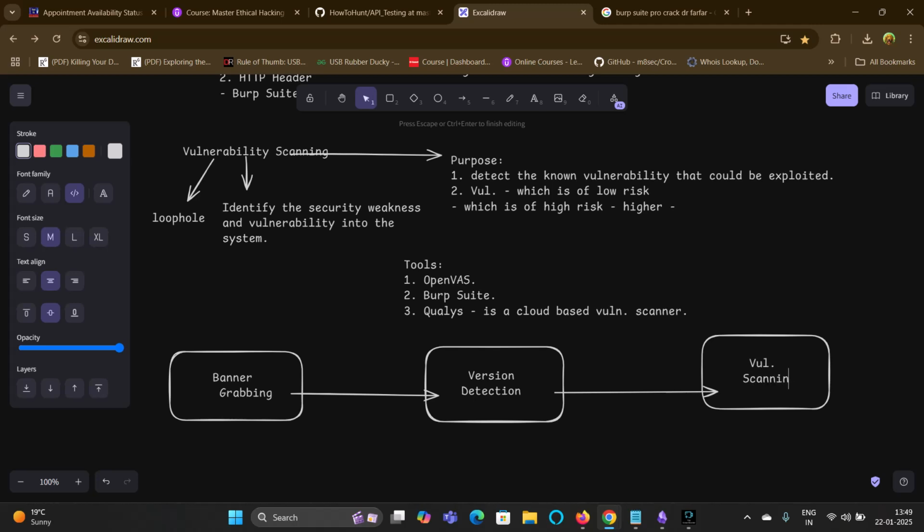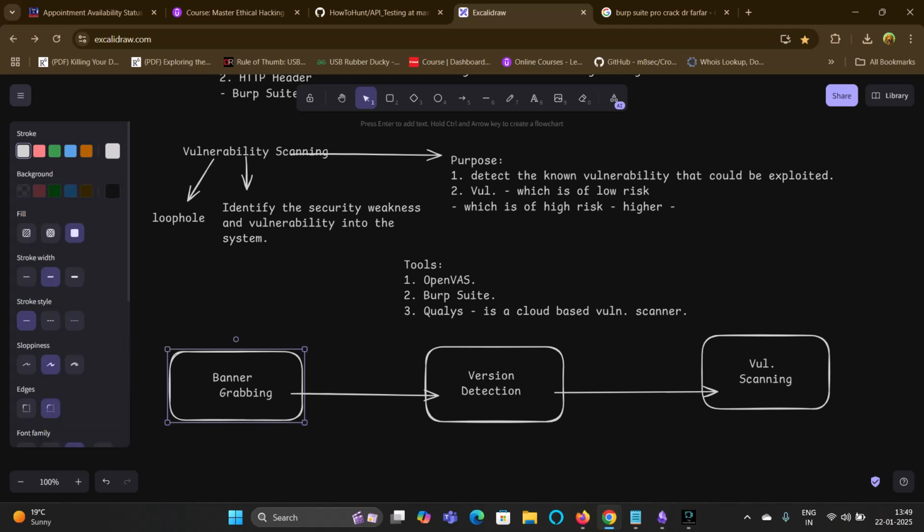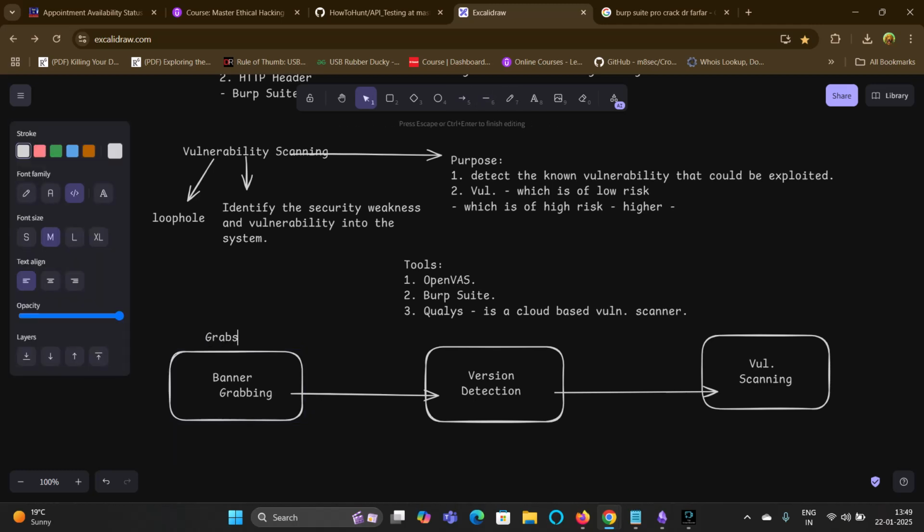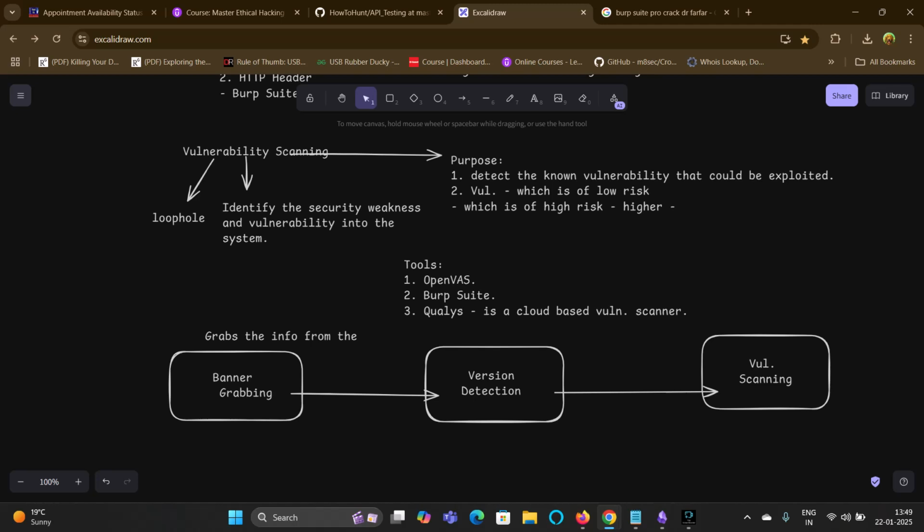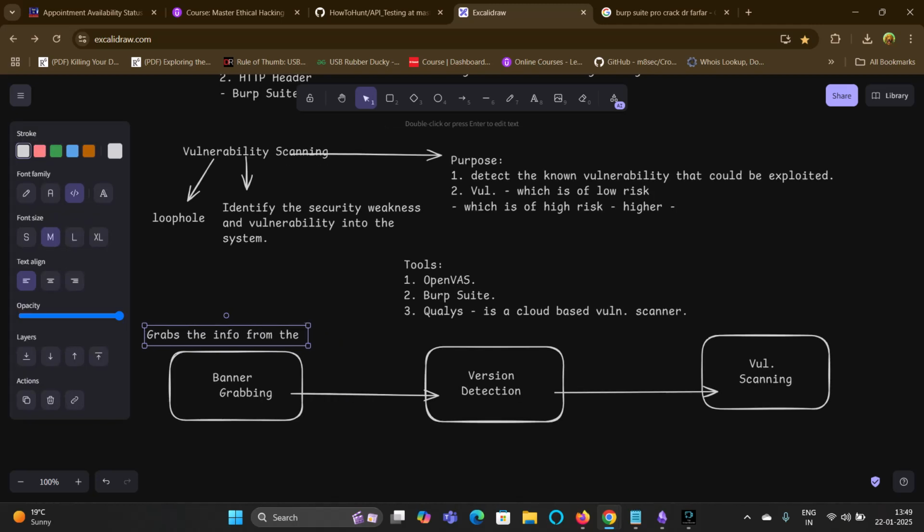vulnerability scanning, right? Now, as I have said, banner grabbing grabs the information from the packet headers, in simpler terms.